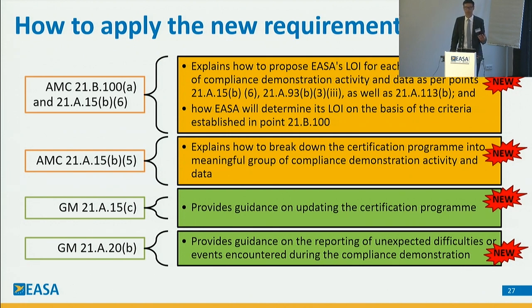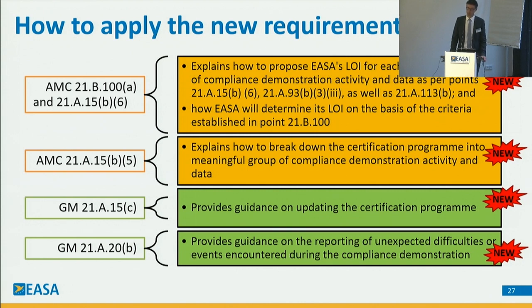We review the risk-based data inside, which might be only a few pages of that. This is done as per points 21.A.15(b)(6), 21.A.93(b)(3), as well as 21.A.113(b). So this is all about applications for TC, STC, major change, and how EASA will determine its LOI on the basis of the criteria established by 21.B.100. This is in this AMC part.